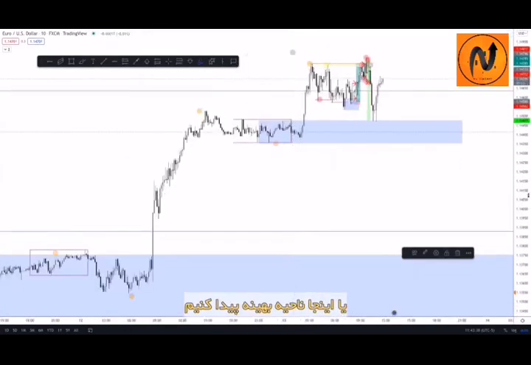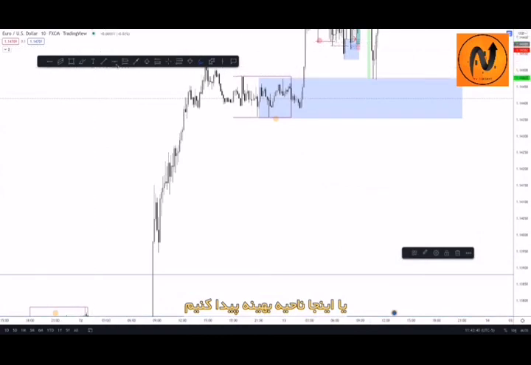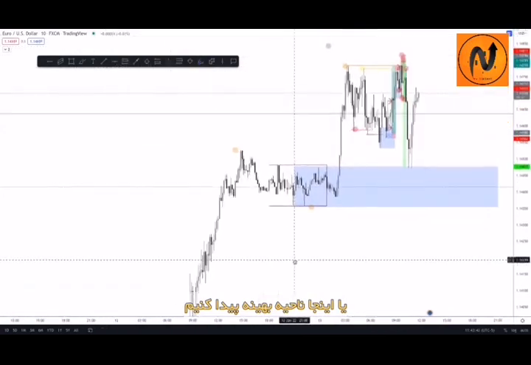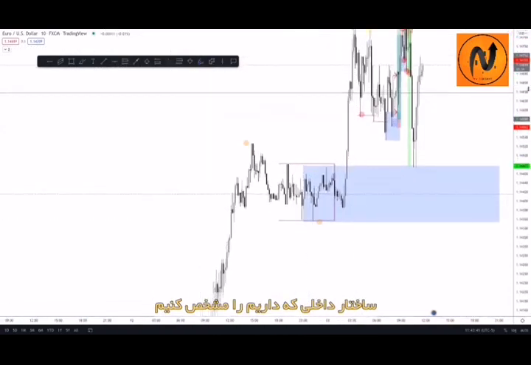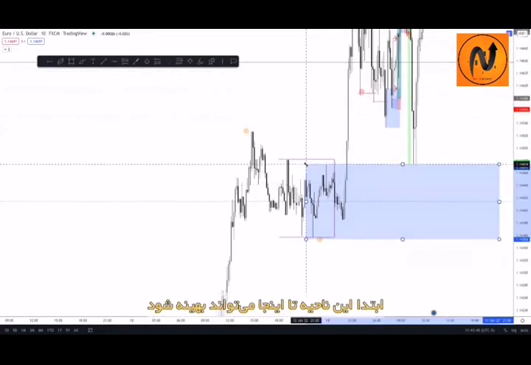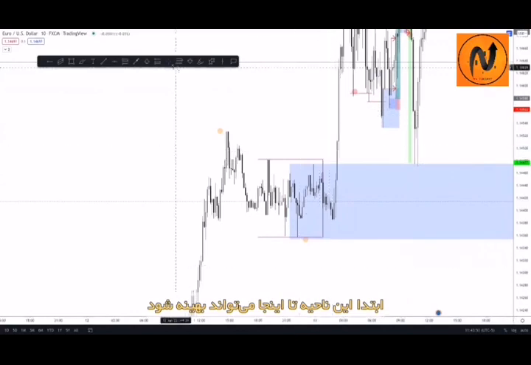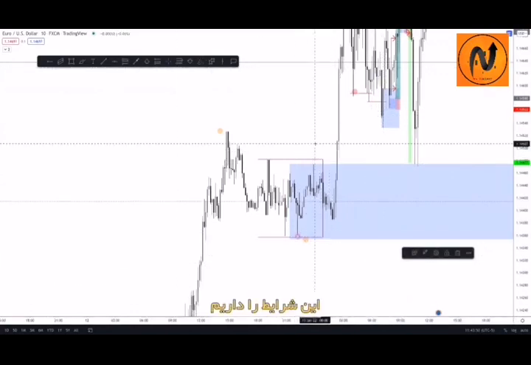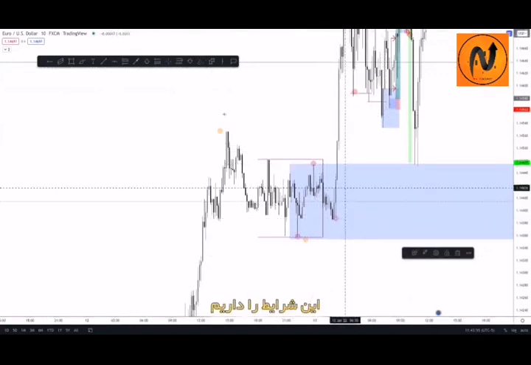If we come back over here and we want to find some refinements, let's mark up the internal structure that we have, right? So this is supposed to be refined down to here. We originally had this, right?